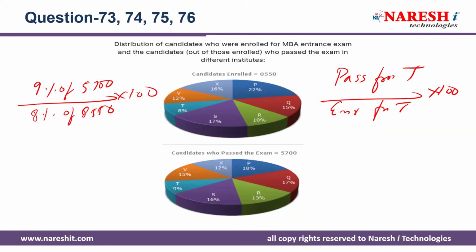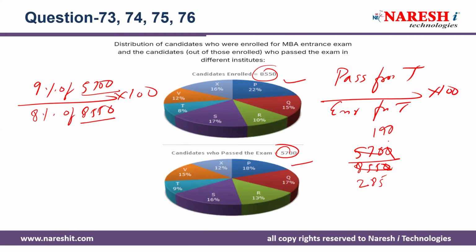Remember how to do the calculation in this type of lengthy problem. When there are two pie charts with two different totals, you'll be getting these two in the same calculation. So for safety, first complete the calculation of 5,700 by 8,550. Both can be divisible by 3, giving 1,900 by 2,850, that is 2 by 3.